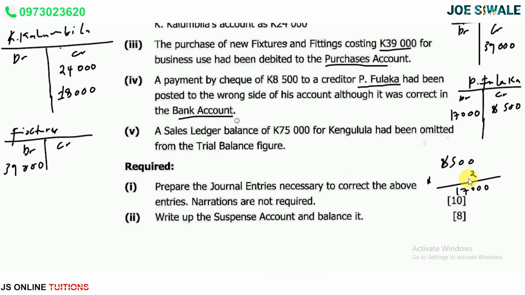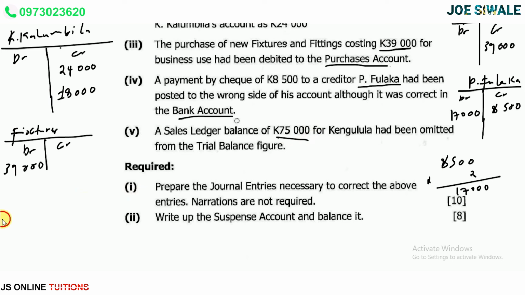So Roman numeral 5, a sales ledger balance of 75,000 for Kengulula had been omitted from the trial balance. And here we can see that Kengulula was receiving goods worth 75,000, but that was not entered and it was omitted from the trial balance.